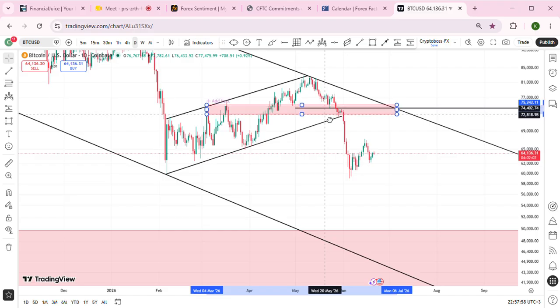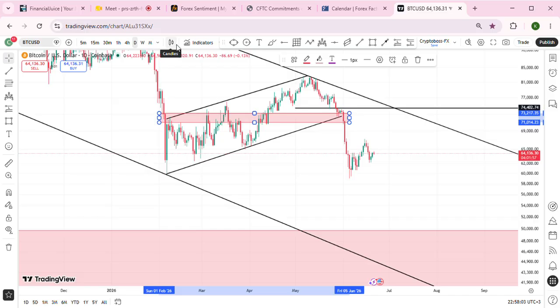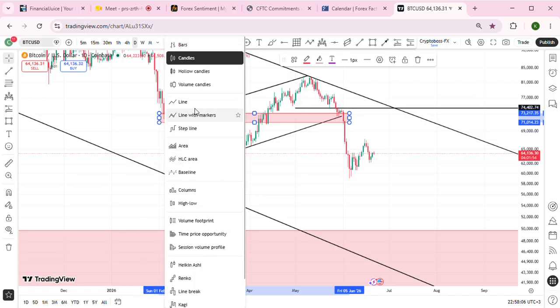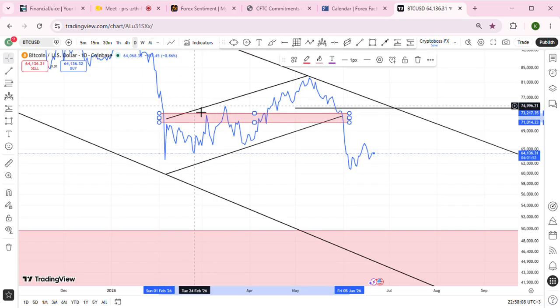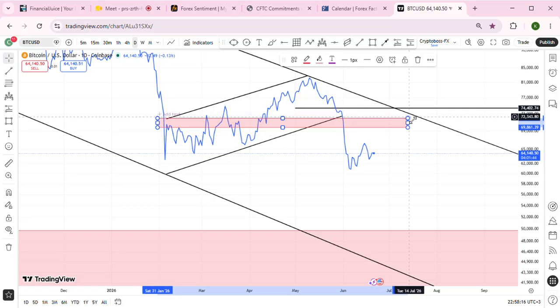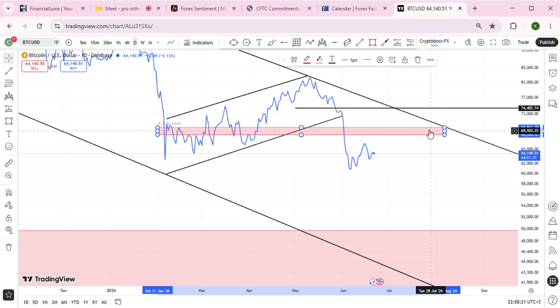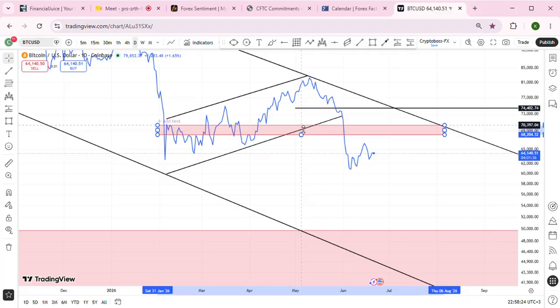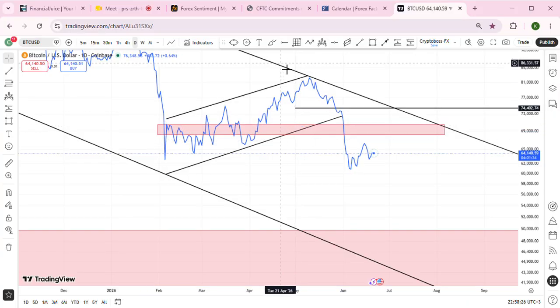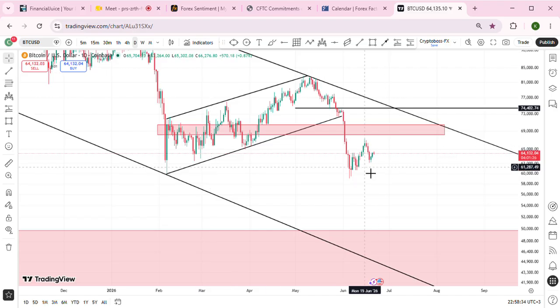Sometimes when you are marking a zone and it is not coming well with you, just change your chart to a line graph and you will do it perfectly. Then once you are done, take it back to candlesticks. So yeah, my zone is now okay.